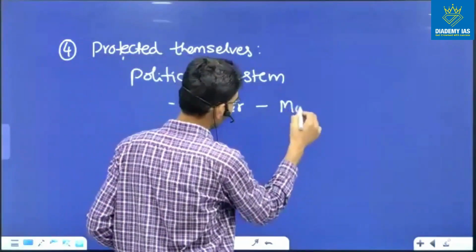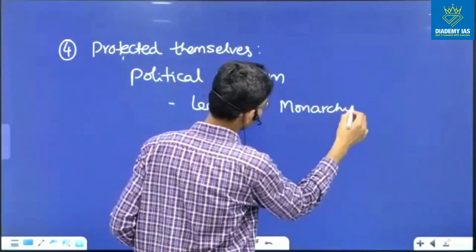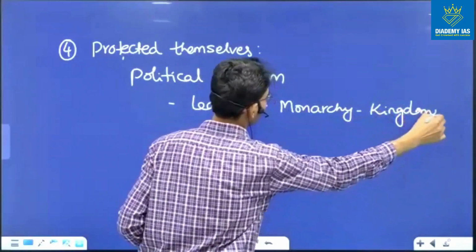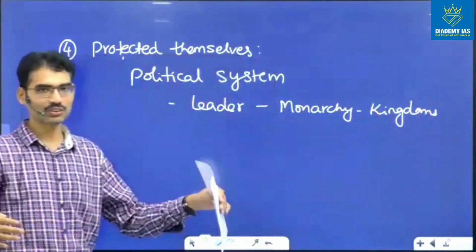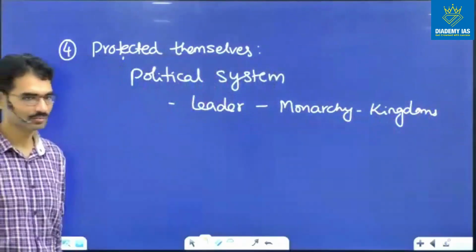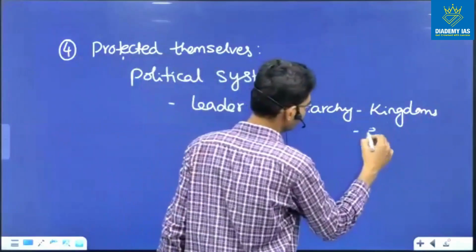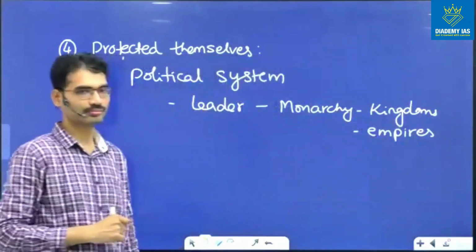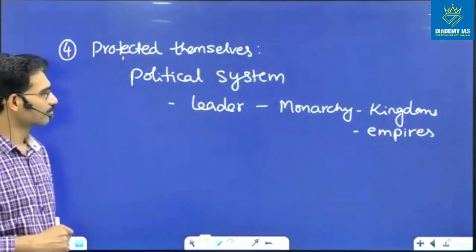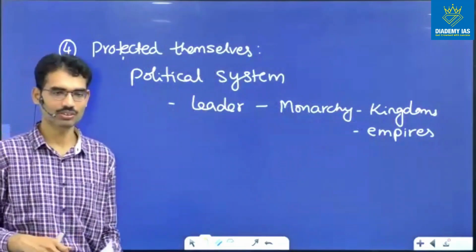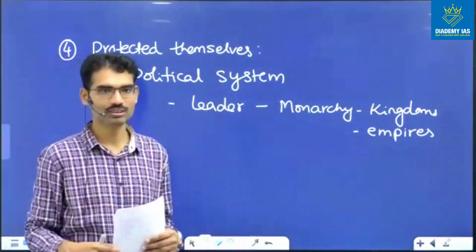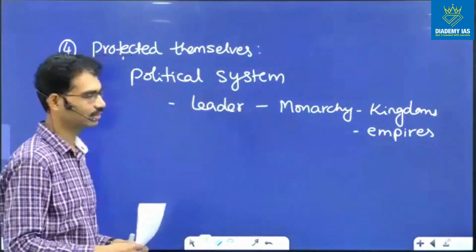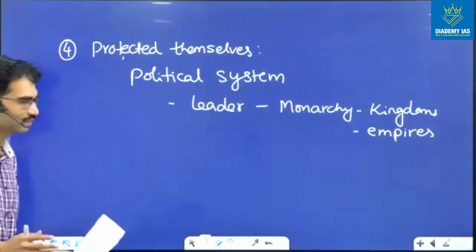That's how monarchy emerged. Kingdoms. When they started expanding their geography, emperors, empires. But in the initial stages, there was no such large geography. Their only aim was just to protect their children, their animals, their lands.